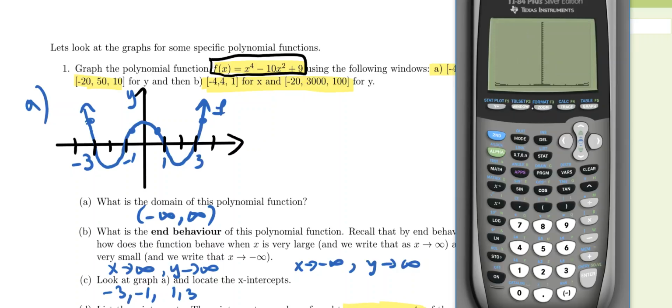No, I should change my x as well. -20 to 20, let's see. So see how the graph looks just like a parabola, or like the power function x to the fourth. So in the long run, this polynomial function, which is x to the fourth minus 10x squared plus 9, behaves just like the power function x to the fourth.